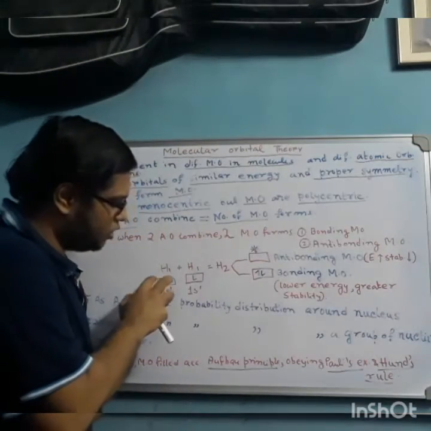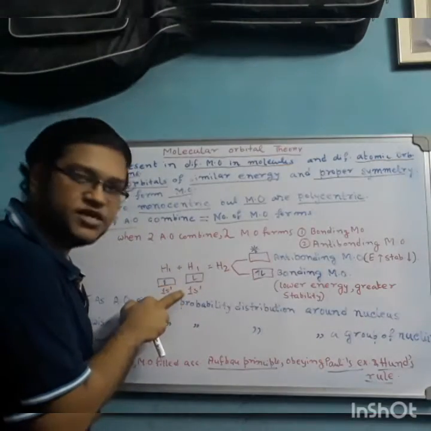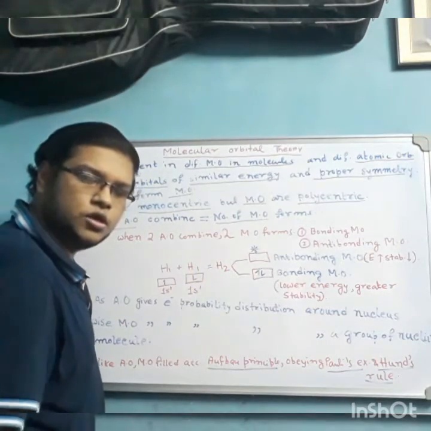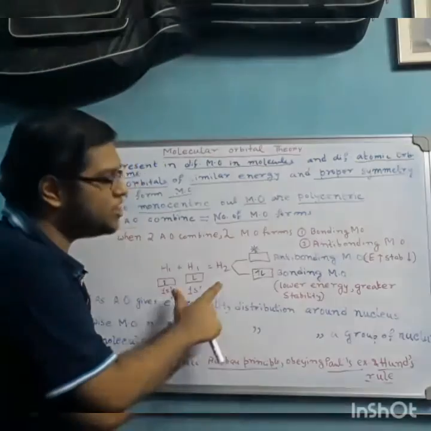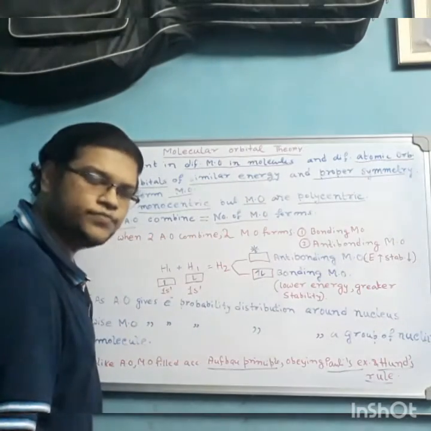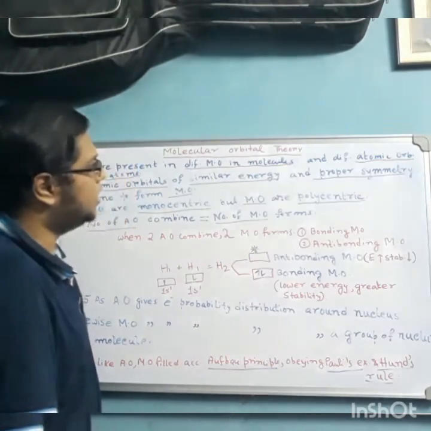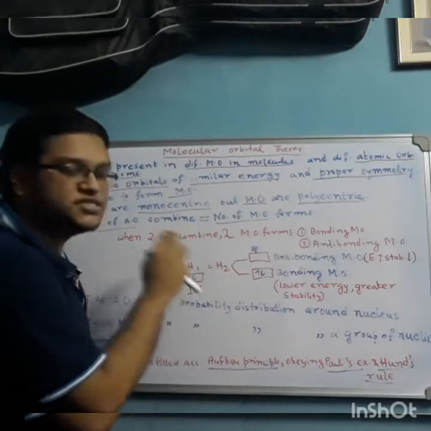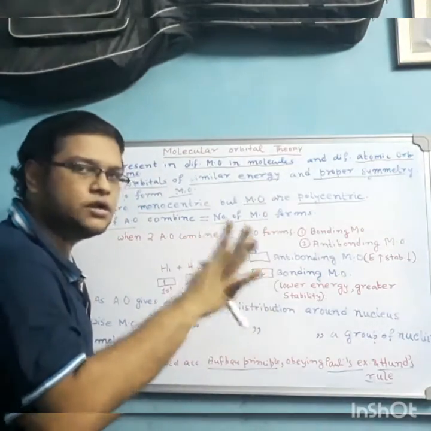Why? One nucleus from this hydrogen, one nucleus from that hydrogen are combining, so this hydrogen molecule contains two nuclei, that means more than one nucleus. That's why molecular orbitals are polycentric. Atoms contain monocentric atomic orbitals and molecules contain polycentric molecular orbitals.